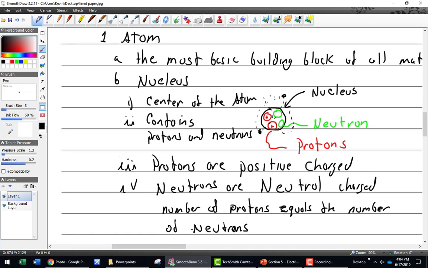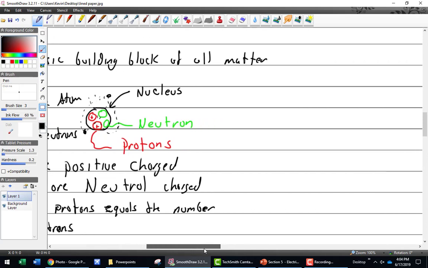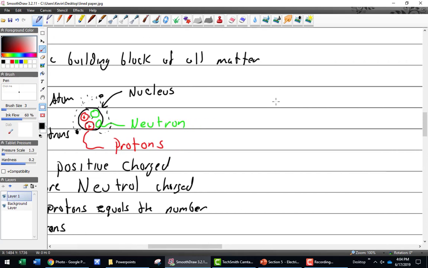If you look in your book, they're going to give you a nucleus, and then they'll say the electrons orbit around like the moon goes around the Earth, in a very one-dimensional way.